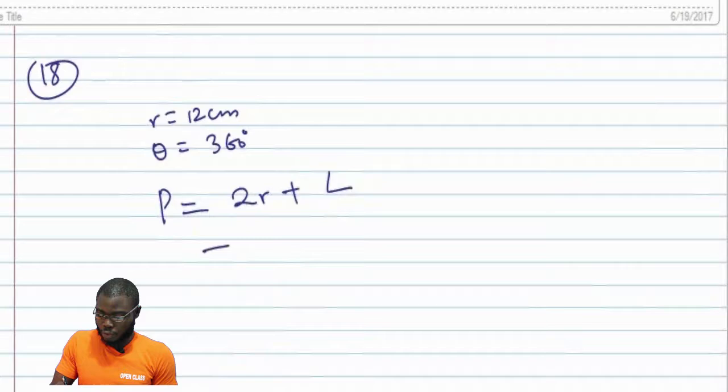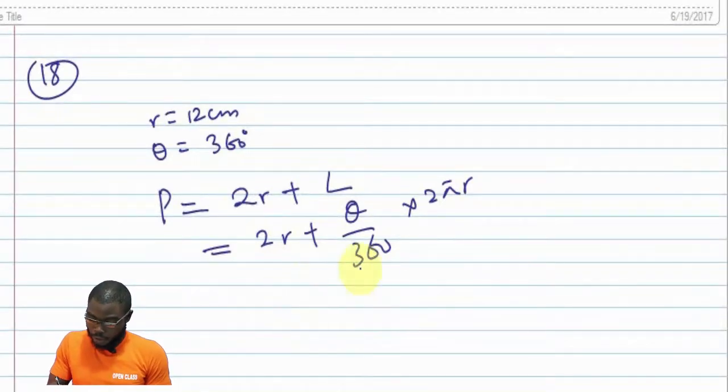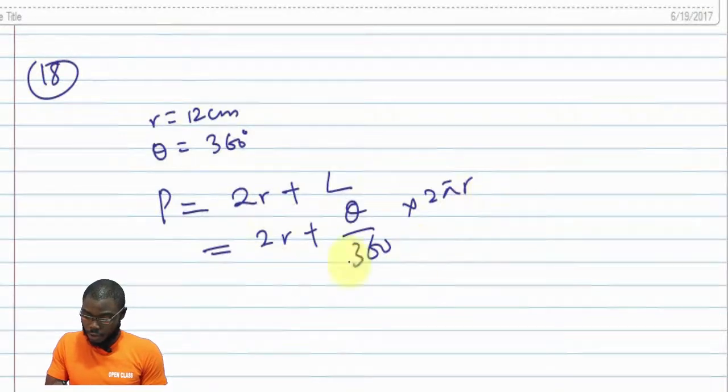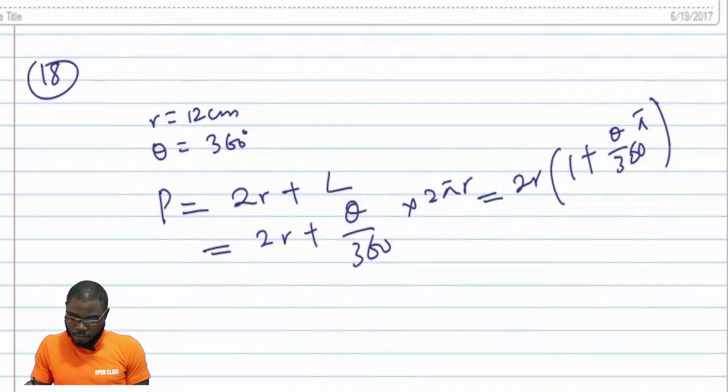So this equals 2r plus theta over 360 times 2 pi r. This formula can be shortened: you have 2r outside and 1 plus theta over 360 pi.